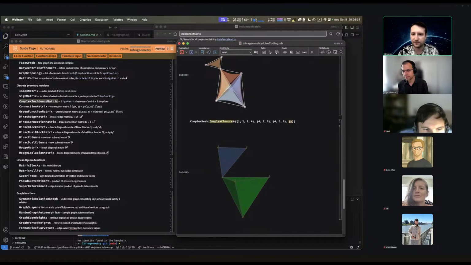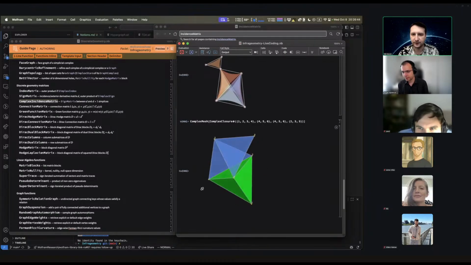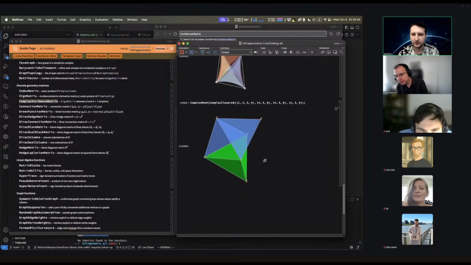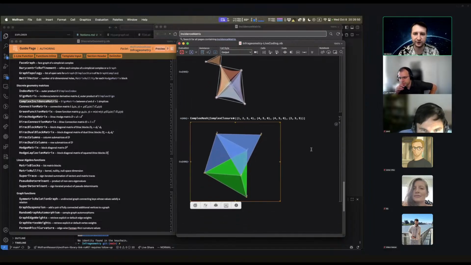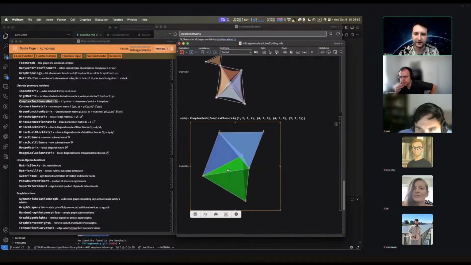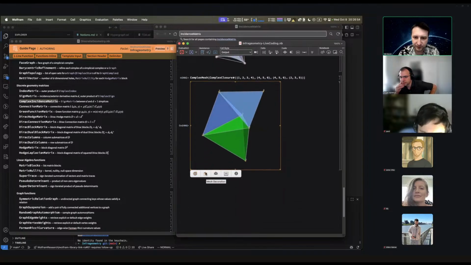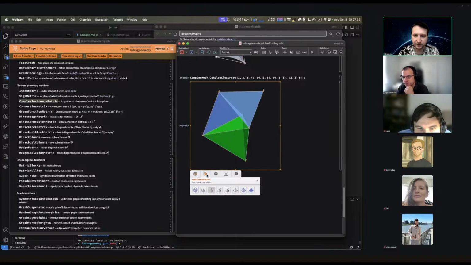We just add some other one, like 2, 3, 5, like this. Okay, so that's how you can turn them into mesh regions. And then you can use all the built-in region functionality to work on them. The embedding is just a little bit slow, but yeah.